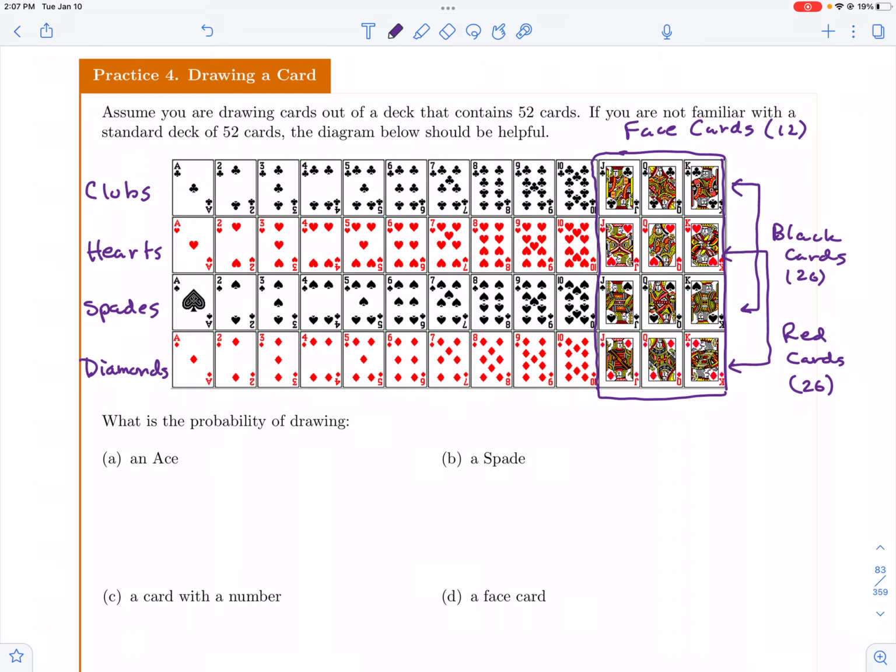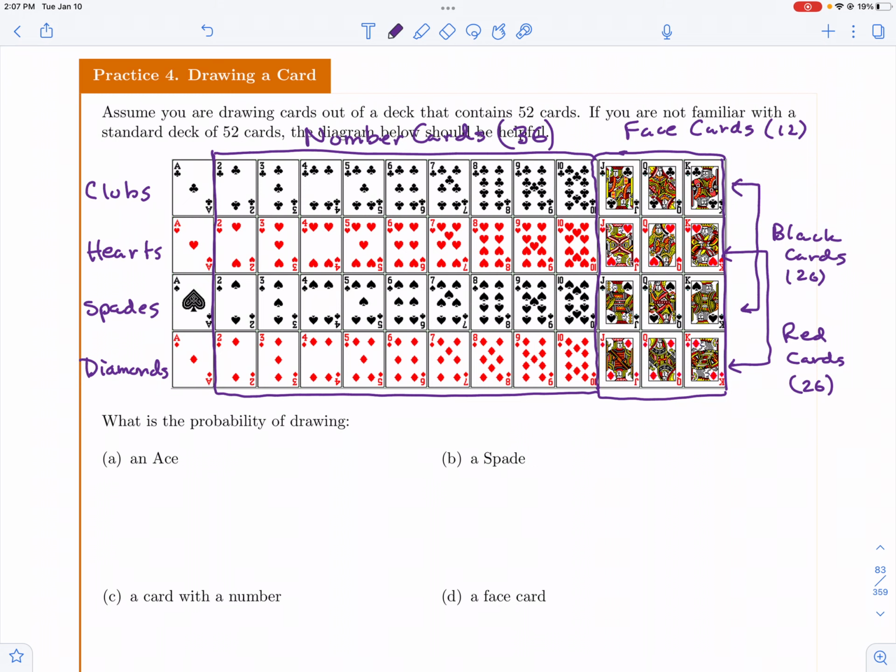And then starting with the 2 up to the 10, these are our number cards. With those, we have 9 in each suit. So 9 times 4 gives us 36 total number cards.